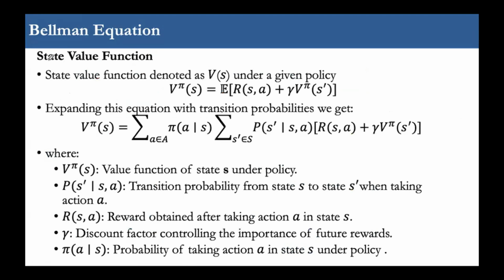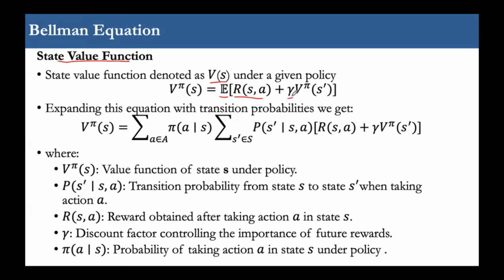Now we'll see what the state value function is. The state value function is denoted as V of S. V is value and S is state, under a given policy pi. So V pi of S is equal to E, where E is expectation, which means the average value, of R of S comma A. R is the reward.